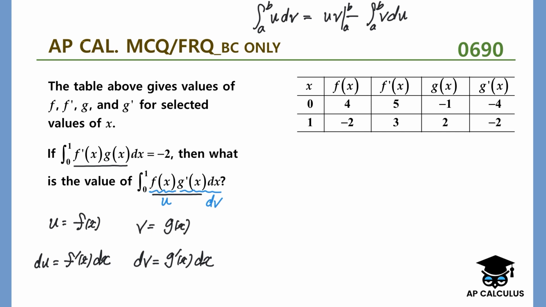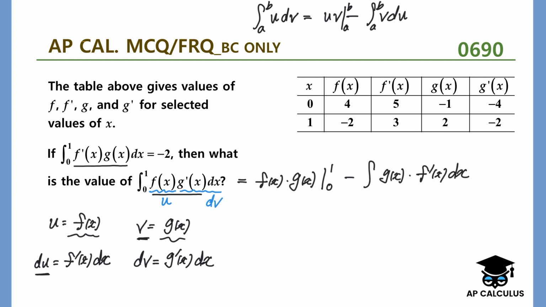So this definite integral is equal to uv, f of x g of x from 0 to 1, minus the integral of v du, so g of x times f prime of x dx.